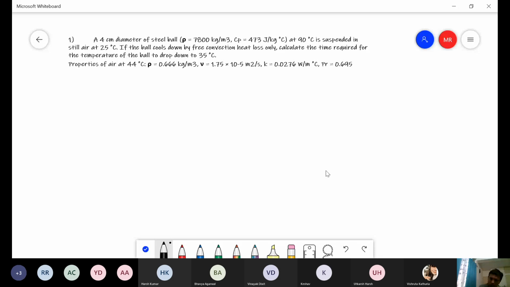Okay. So there is a steel ball. Let me just draw it. So there is a steel ball. The diameter is 4 centimeter.